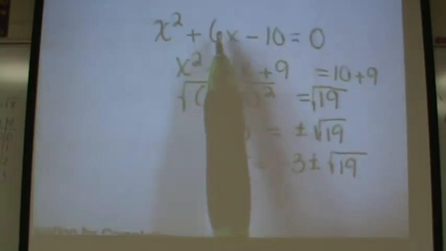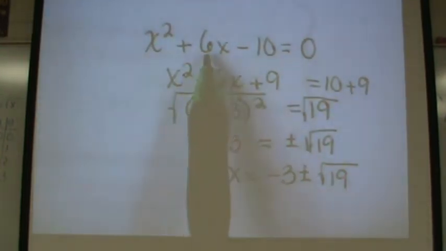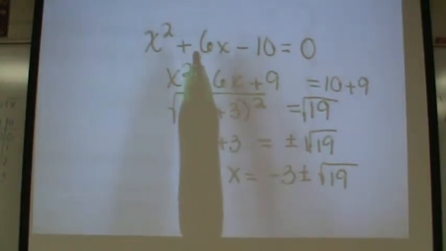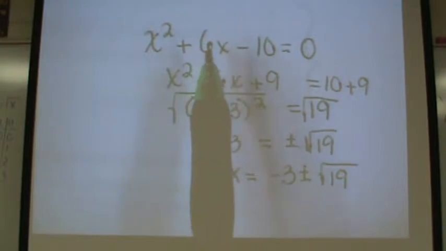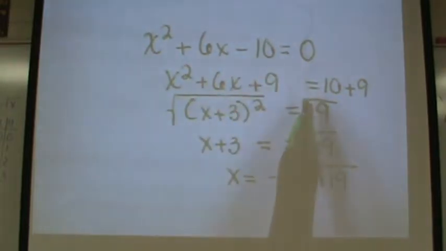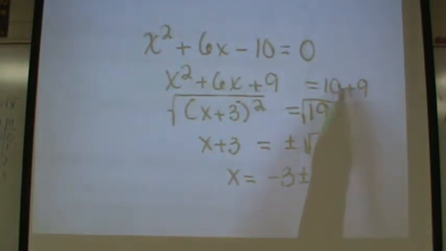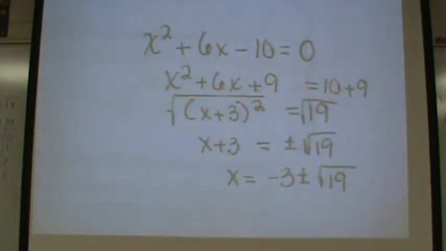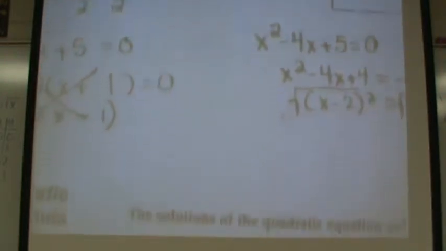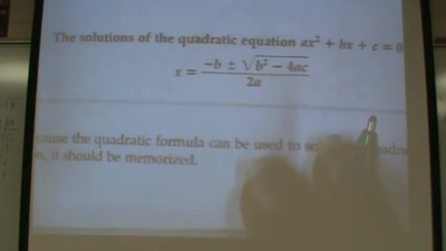Now, what if I gave you an odd number here, and that's why I changed this one, if this were a 5, or a 7, or a 3, or even a 1, completing the square is yucky. It's gonna give you a fraction here, and then when you have to square it, you get another fraction, then you have to add a fraction with a number here, and it's just a big mess. So in those cases, I would suggest you revert to the quadratic formula.